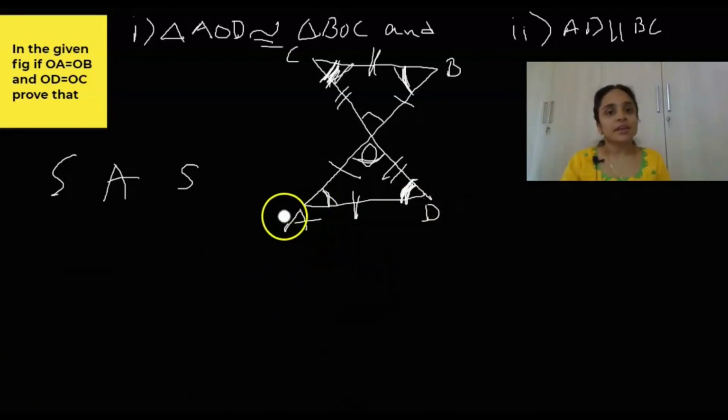Okay, so we got that AD is parallel to BC.